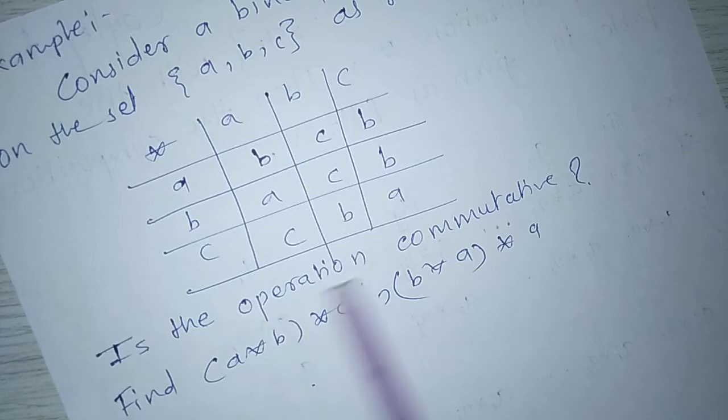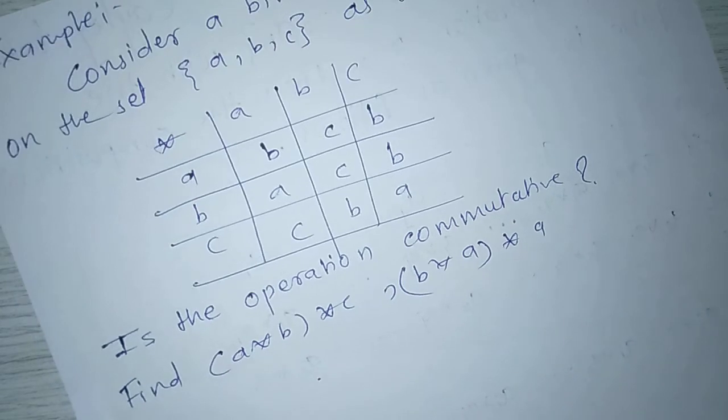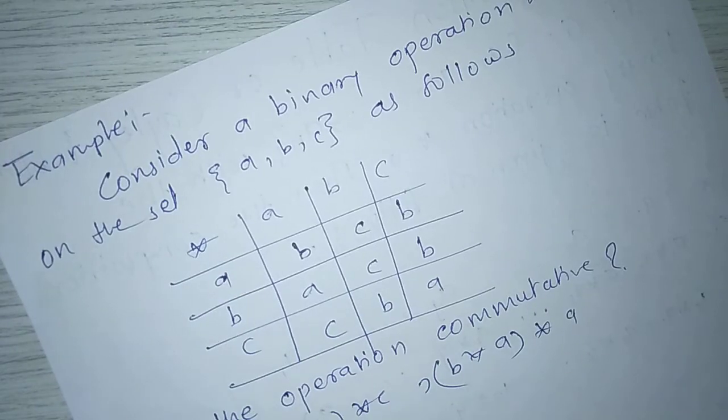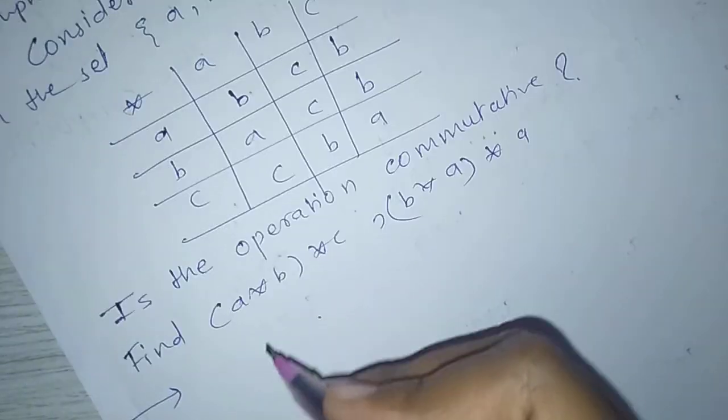Now, is the operation commutative? Find A star B star C and B star A star A. First, to show whether star is commutative or not, we know the definition of commutative.